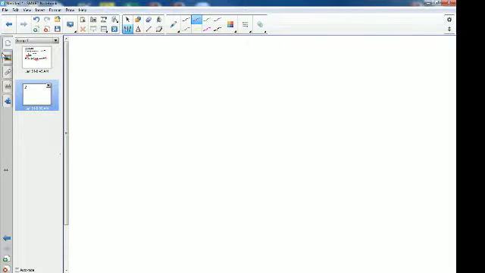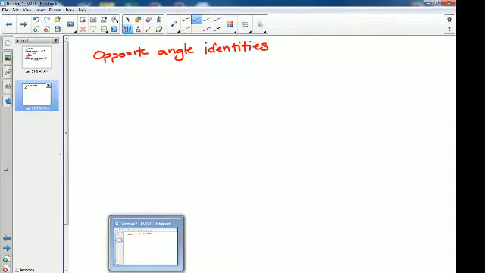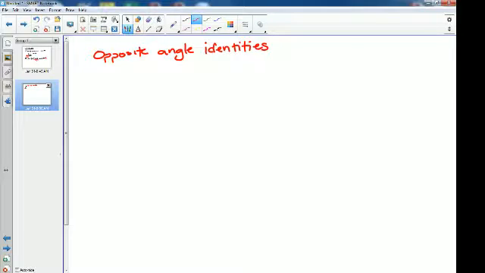Okay. Opposite angle identities. These can be kind of helpful if you're trying to solve for values of sine and cosine. So, do I know the value of sine of negative pi right off the top of my head?